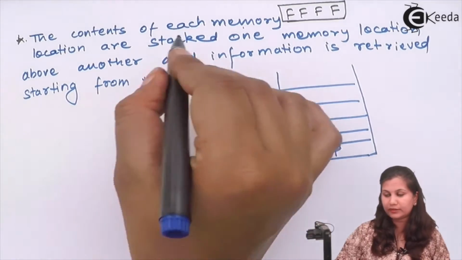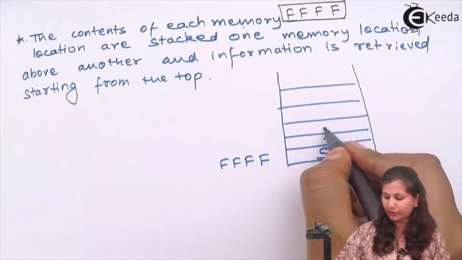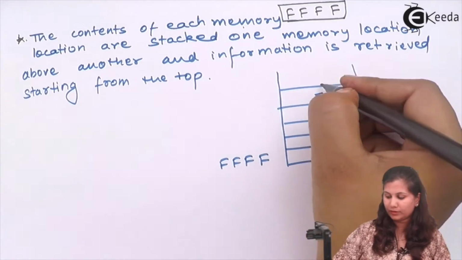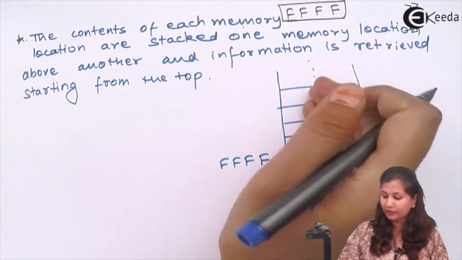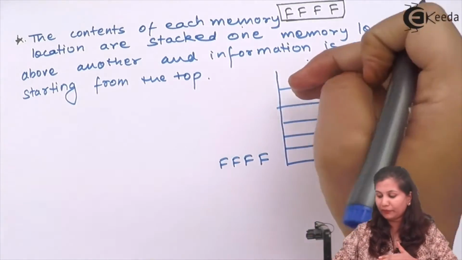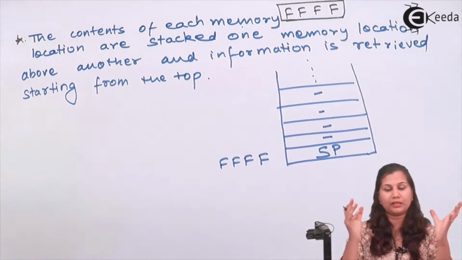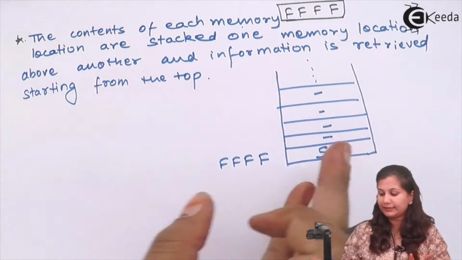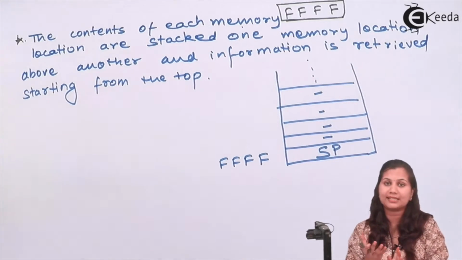So all the information being stored in this stack will start from here. In this way all the information is stored, and when we want to retrieve it, it will start from the top. One above the other, the memory locations are put, and then the information is retrieved from the stack. That is why this name, stack, is given to this group of memory locations.